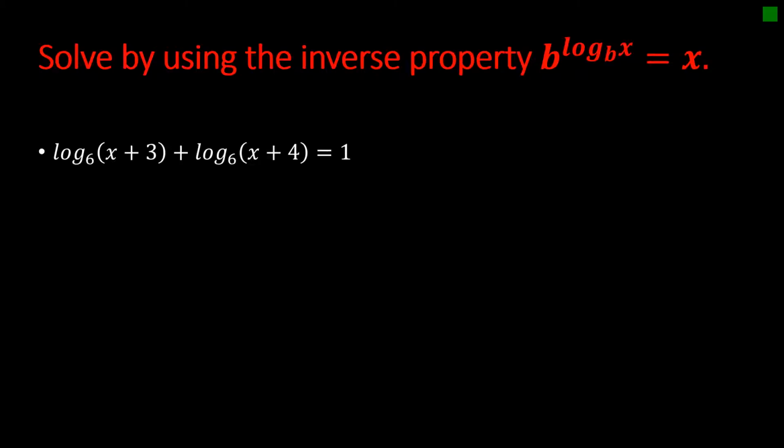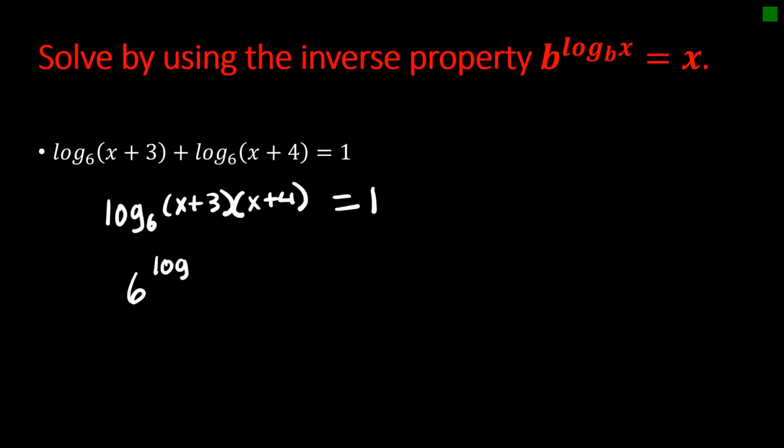Remember, when you have the same base on both and that you are adding these two, it can condense as multiplication. So this becomes log base 6 of x plus 3 times log base 6 of x plus 4 equals 1. And then I can apply base 6 to both sides. So log base 6 of x plus 3 times x plus 4 equals 6 to the first power.